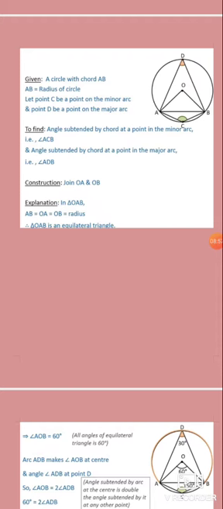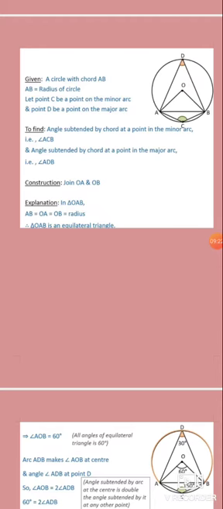Now arc ADB makes angle AOB at the center and angle ADB at a point D. So angle AOB is equal to twice angle ADB. So AOB is 60 degrees, equal to twice ADB. So ADB is equal to 60 by 2, which is 30 degrees.